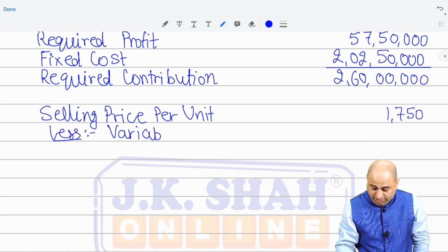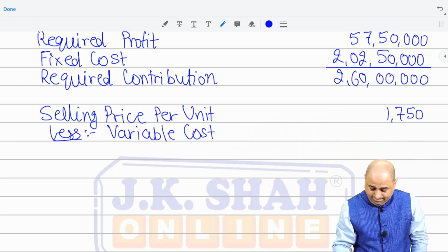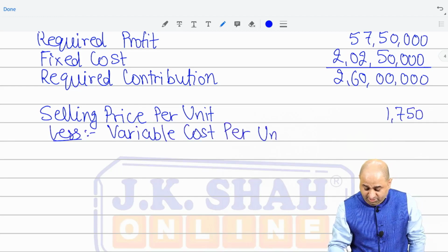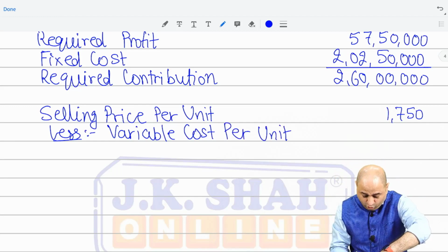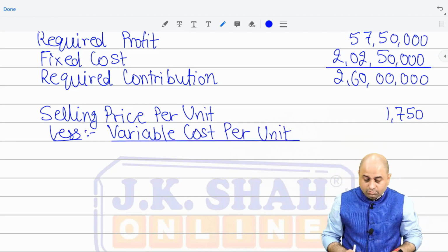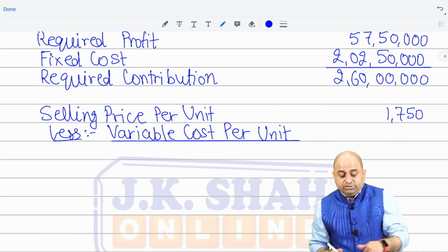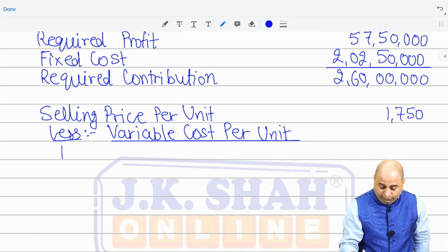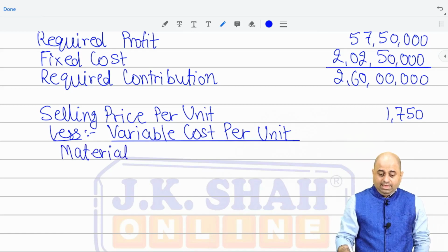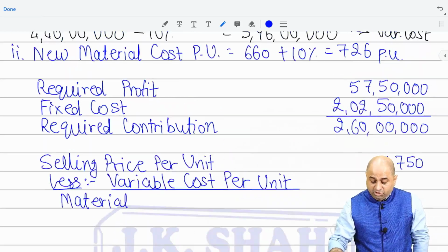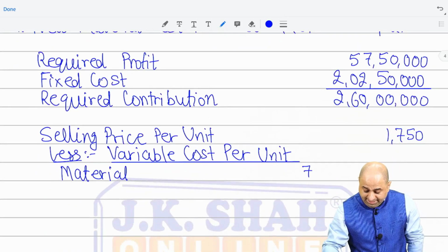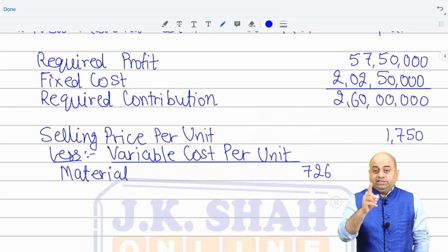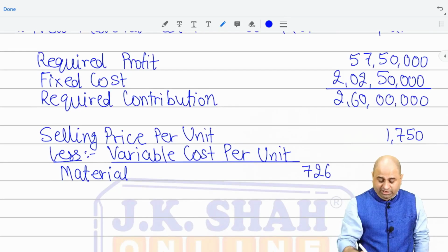variable cost per unit. So as far as variable cost per unit goes, first I will write material, and that will be your new material cost per unit, which is 726. As I said earlier, and I repeat, there will be no changes in other variable cost per unit.